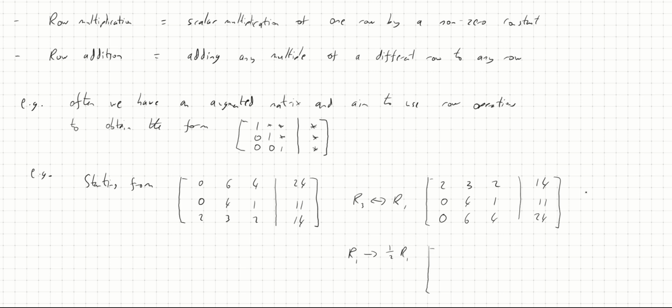Now that 2 will turn into 1, 3 will be a 1.5, and this 2 will be a 1, and now we'll have a 7. We're not going to do anything with row 2 and row 3 at this stage. It's often easier to just do one operation at a time. 0, 4, 1, 11, 0, 6, 4, 24.